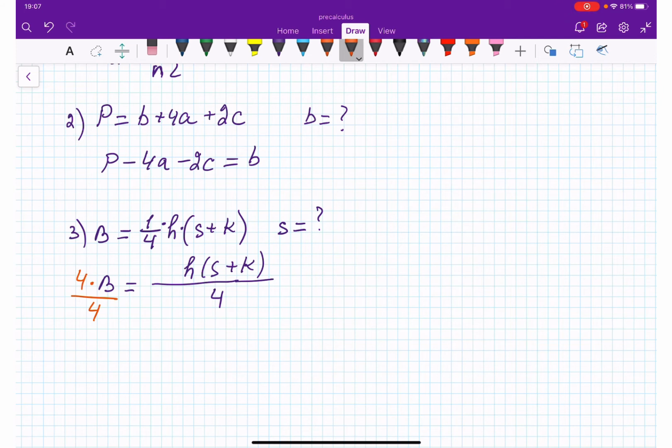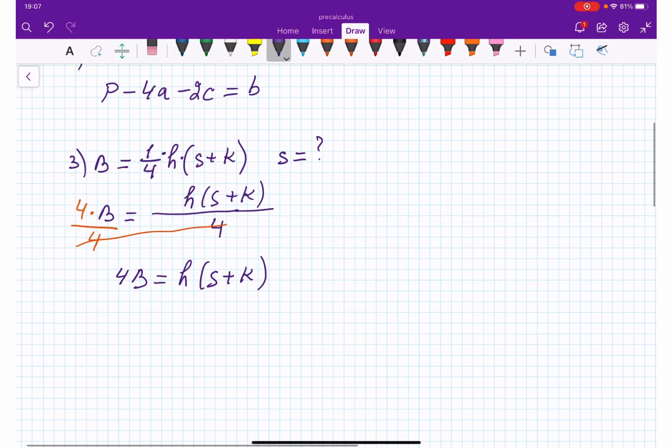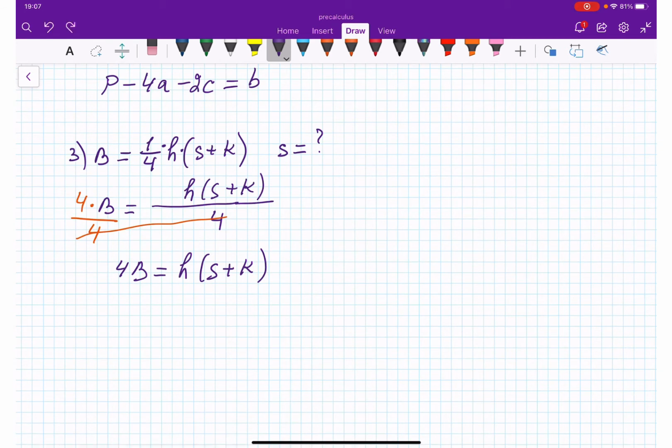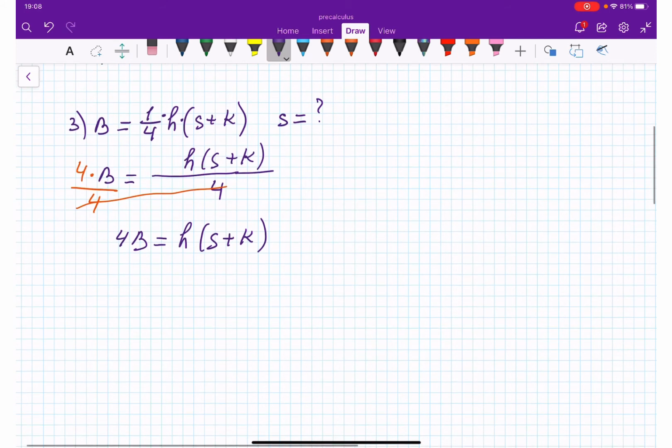Now since we have a common denominator across the equation, we are going to drop it, and we will have 4B equals H times S plus K. And to solve for S, first we need to find S plus K. Since it's multiplication, I'm going to divide by H, getting close to S. Getting rid of H, since it's multiplication, means doing the opposite operation, which is division, right?